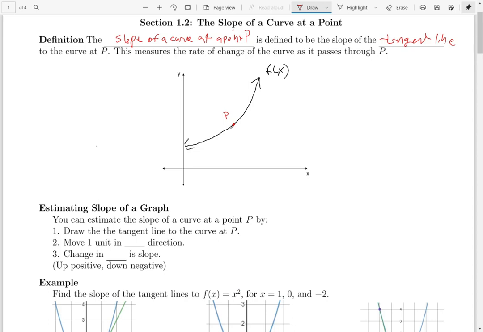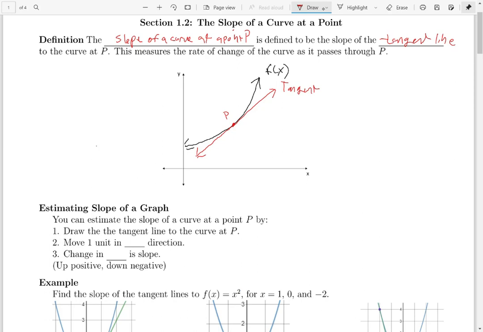Well, the tangent line is going to touch the curve just at the point P, but it's going to be a straight line. And so this is what I mean by tangent line. It touches at a point, but it's a straight line that's close to that function.